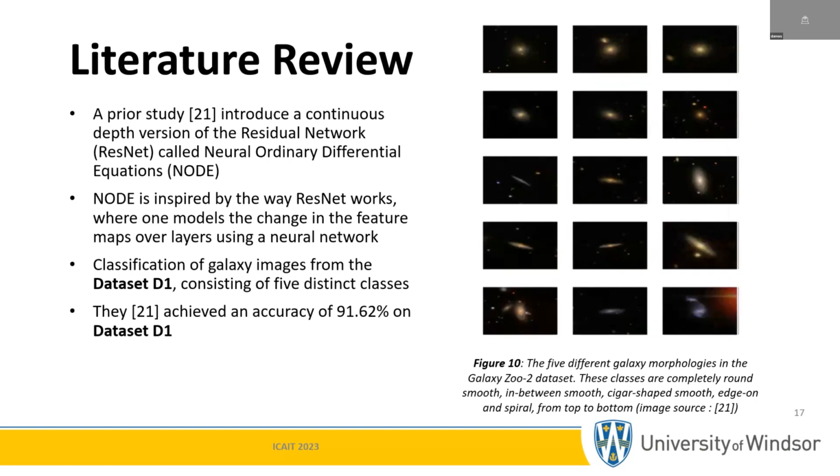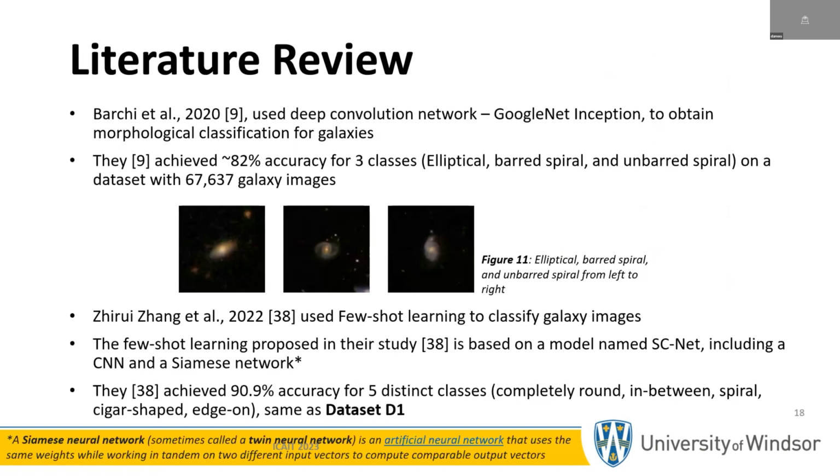Another research, reference 21, performed an experiment on dataset D1 and achieved some results. Sometimes I only say accuracy, sometimes precision or F1 score, because the original paper only reported that. If I move on, you can see this is typical of many other papers, which use different techniques to do the classification.